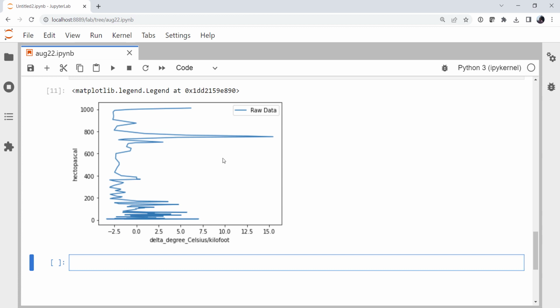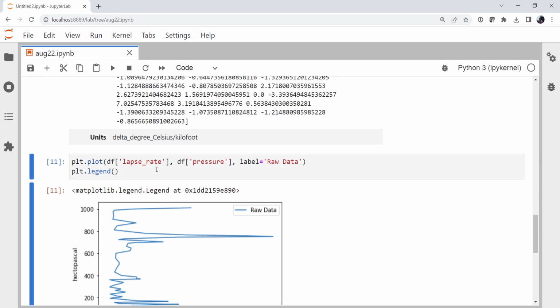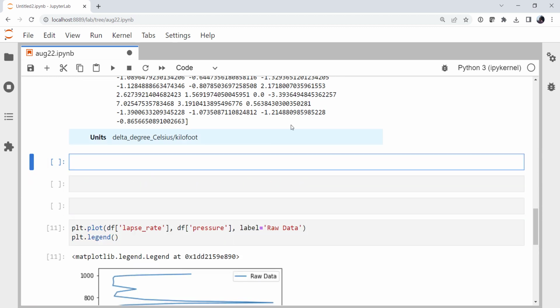But what about smoothing this out? We see a lot of jumps and jagged points in here. Can we smooth this and do any better? Well, let's try applying a moving median filter, whose purpose is to de-spike data, to our temperature before we take our derivative. So to do that, I'm going to add a couple of cells here. Our lapse rate. I'm going to do a 3-point smoothing here. mpcalc.first_derivative.